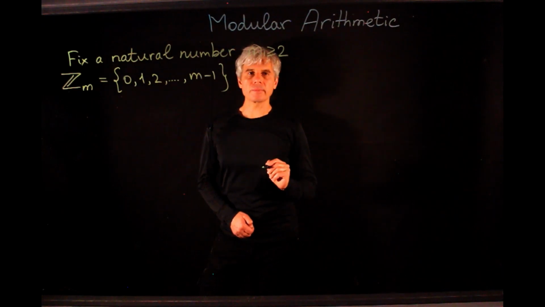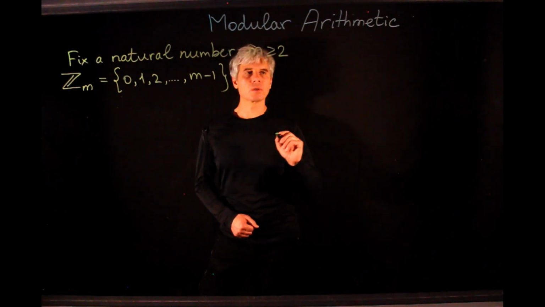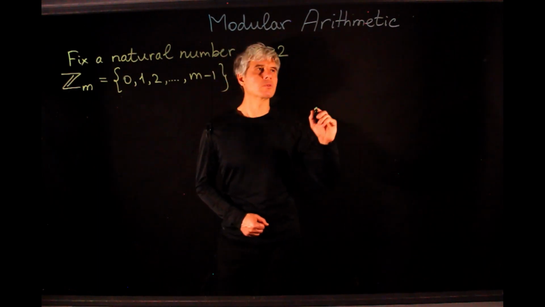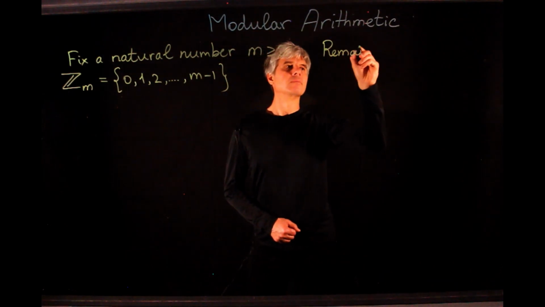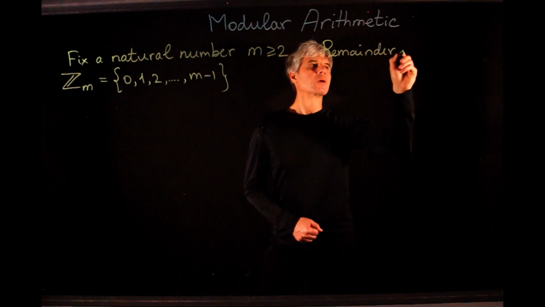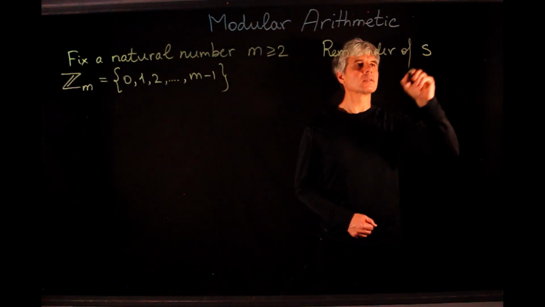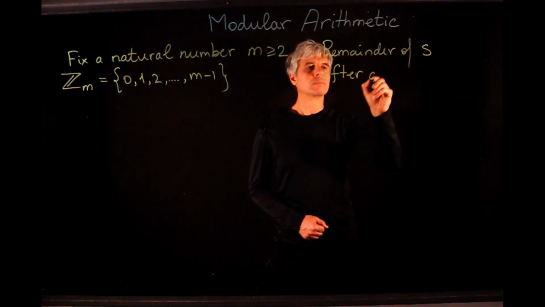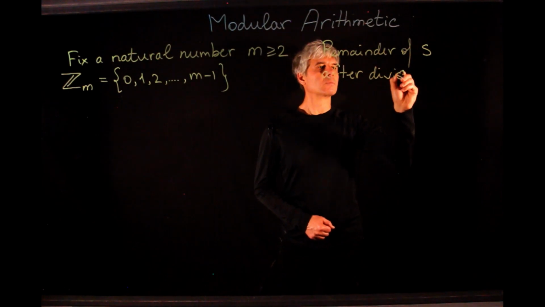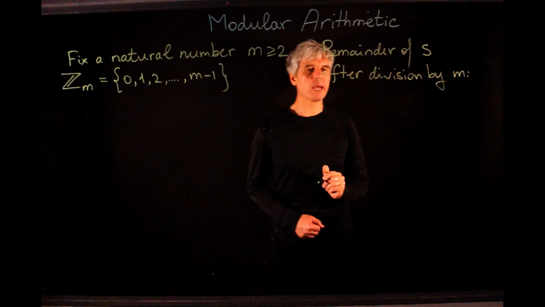So let's discuss the operation of division with remainder. So what does it mean? So when we want to find the remainder of an integer s after division by m, what do we actually do?